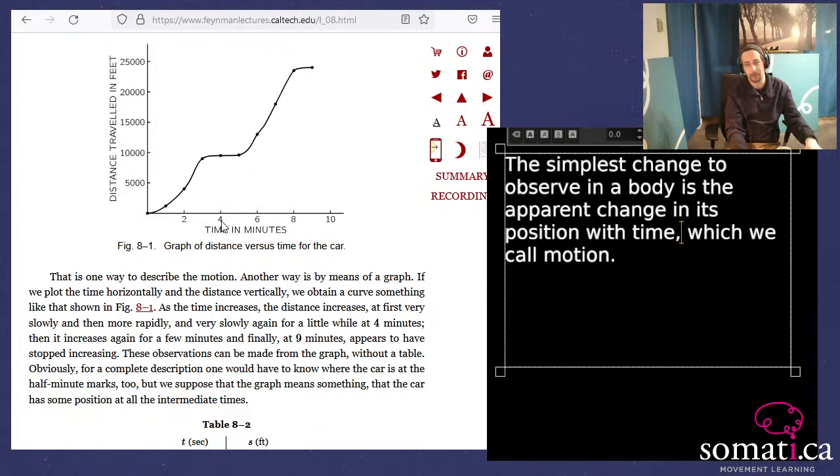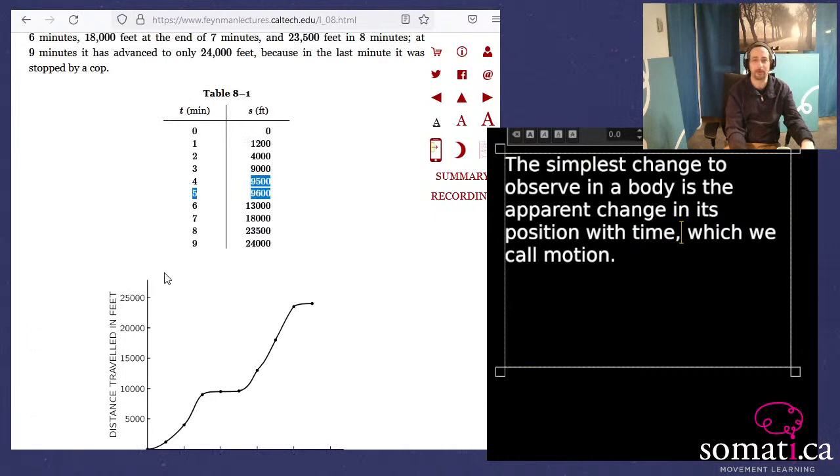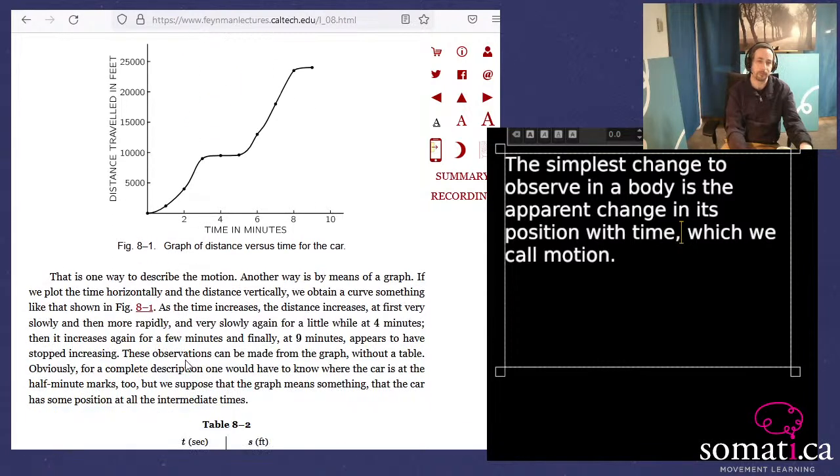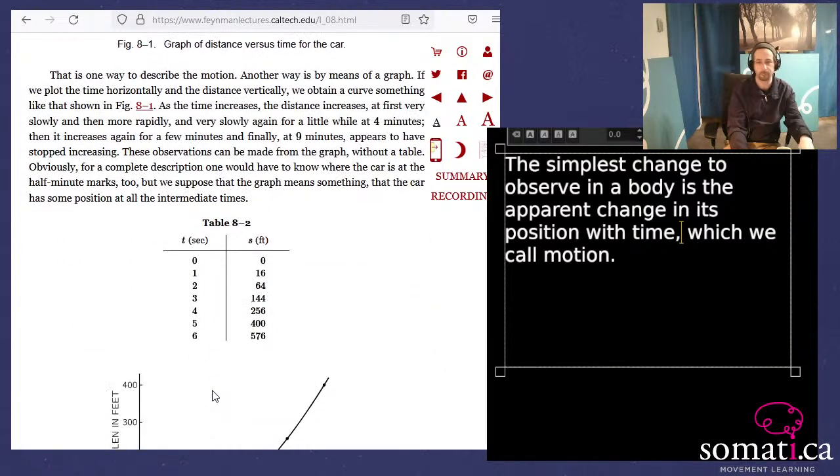And yeah, the table had discrete points. This is an interesting thing already. The table has discrete points, so those are the plotted things, and then they're connected with a smooth line. For a complete description, one would have to know where the car is at the half-minute marks too, but we suppose that the graph means something, that the car has some position at all the intermediate times.